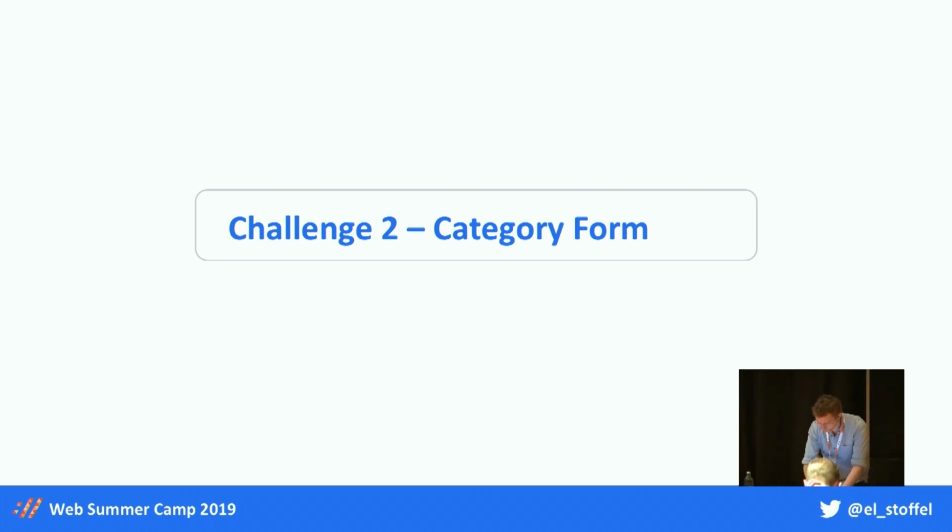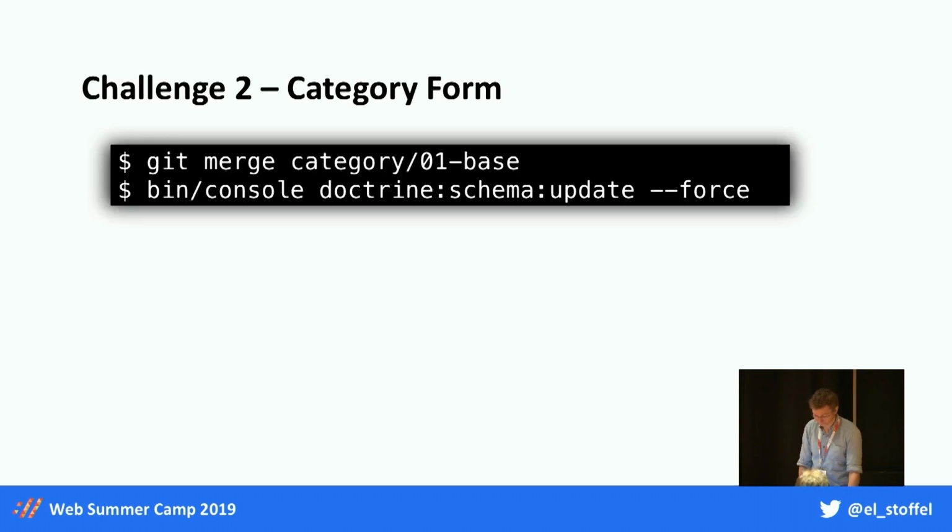So the second challenge, I need to push a branch for that. The second challenge is about a category form. We are creating a product CRUD, and products have categories. And a category at first only has a name.